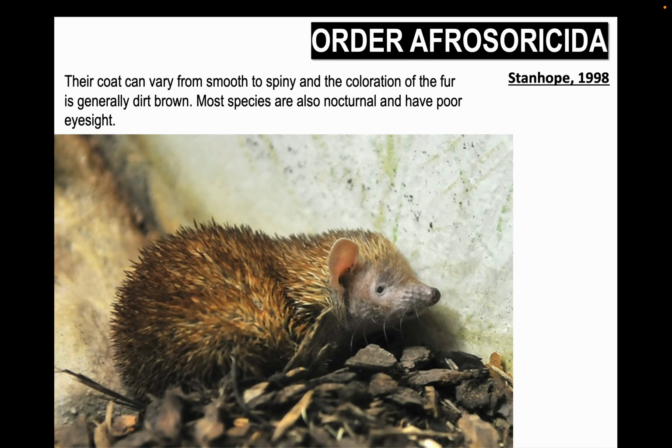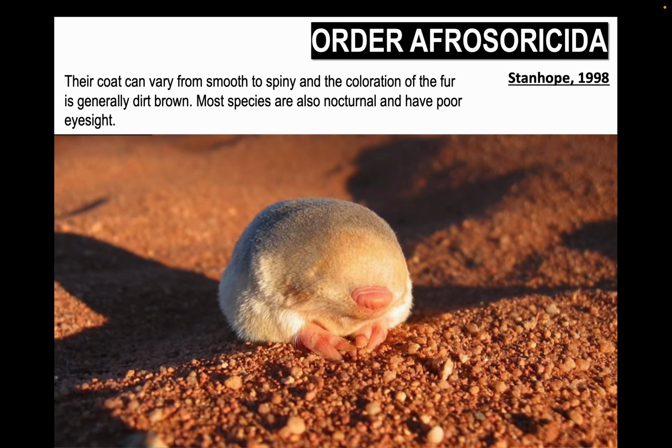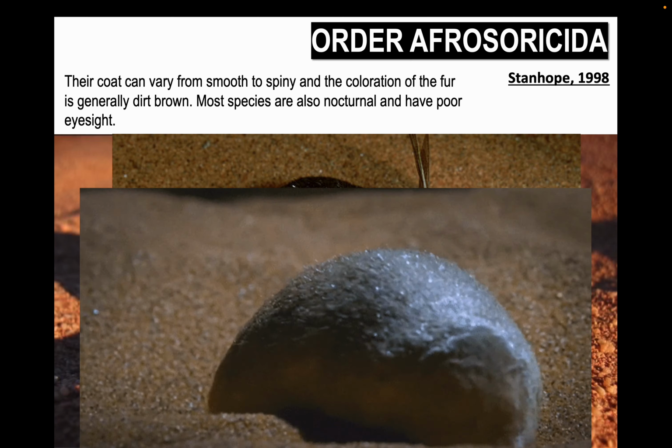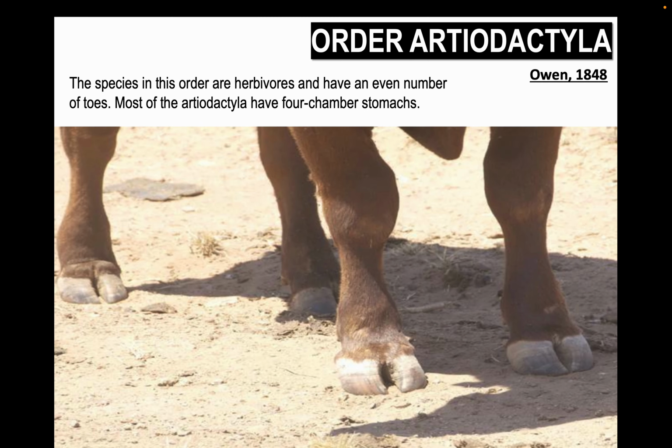So we have Afrosoricida. These mammals have a coat that can vary from smooth to spiny. The coloration of the fur is generally brown, and most species are nocturnal. They have very poor eyesight, so they are more active at night. Then we have the order Artiodactyla.